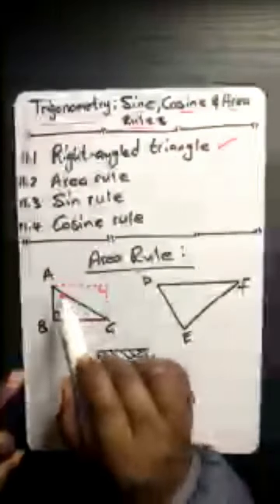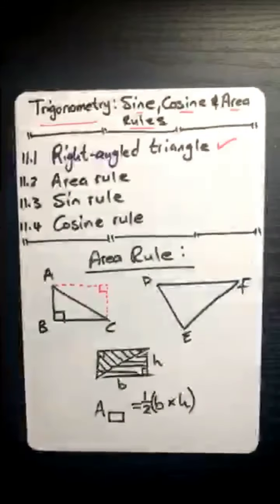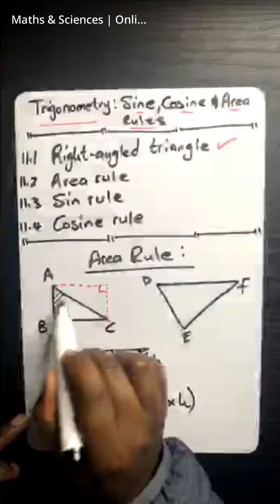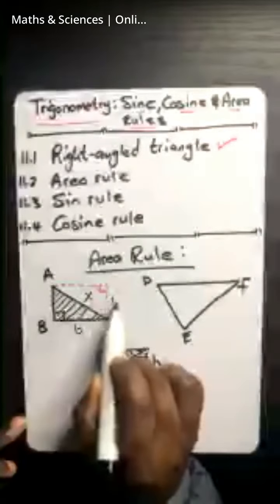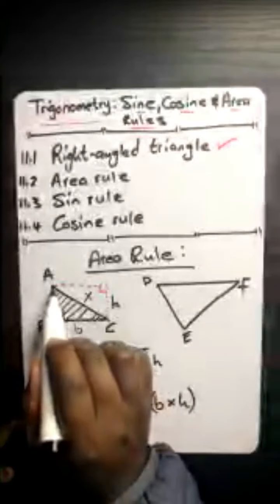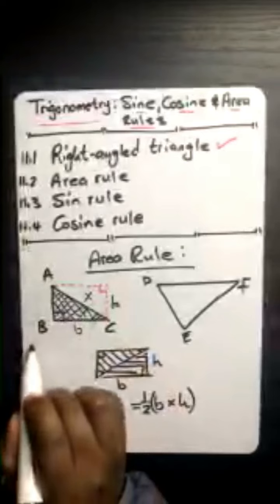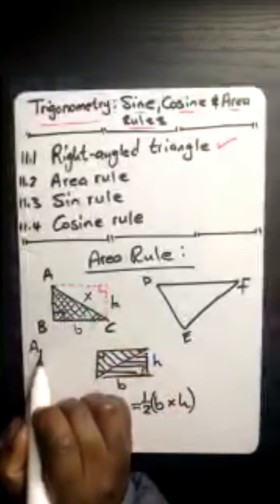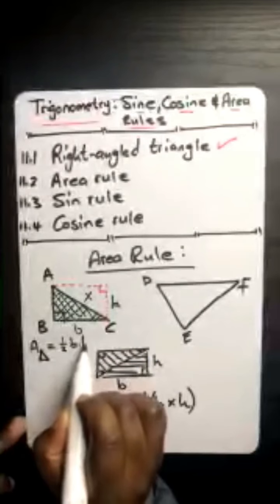Can you see that? This side is therefore equal to that side. So it was breadth and height being that side. But because we are now trying to find the area of a triangle, the area of a triangle is equal to half breadth times height.